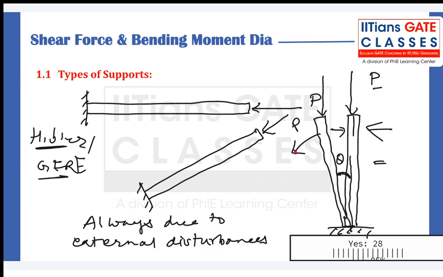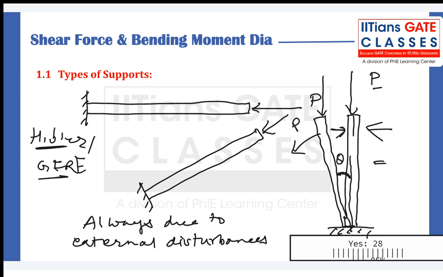These two positions are possible, right? Yes or no? Clear or not? So when will it come back?